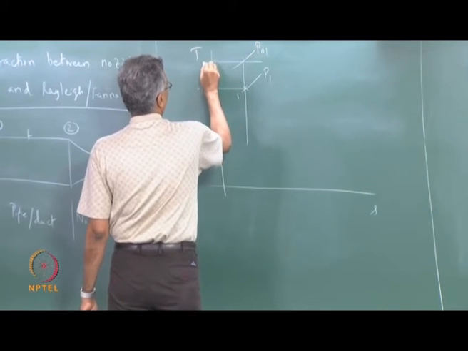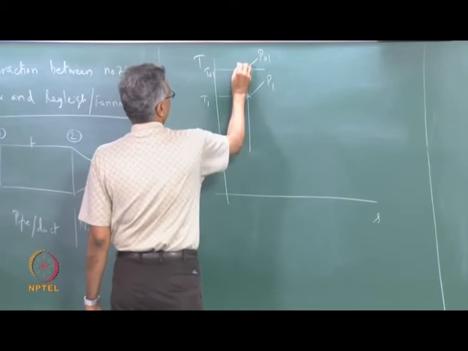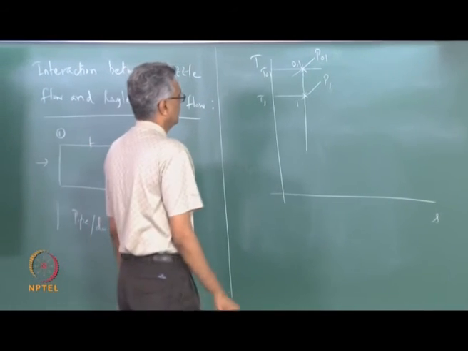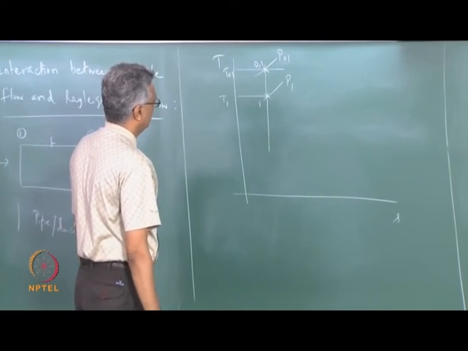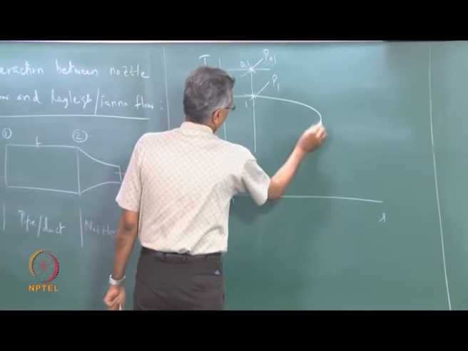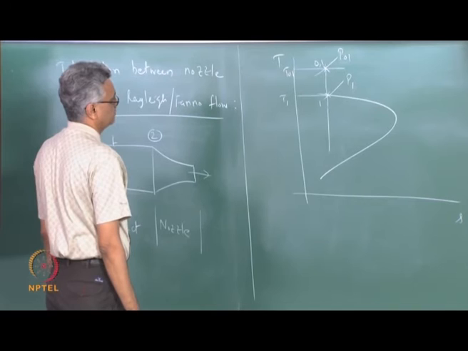So, this is P01 and this is T01. So, this is my stagnation state corresponding to static state 1. And now, we are actually following a Fanno line in this case. So, this is the Fanno line corresponding to this mass flow rate.